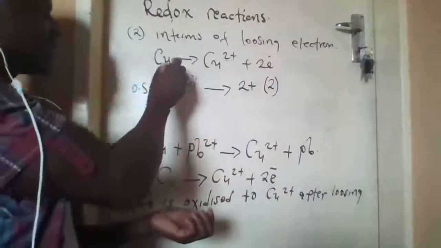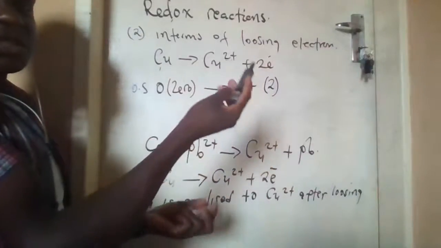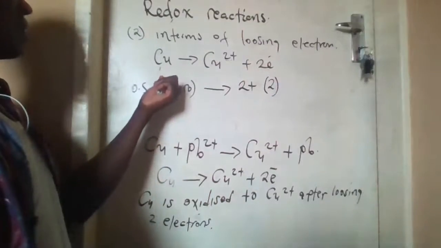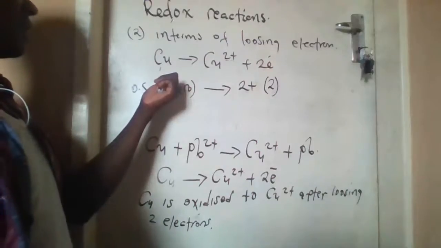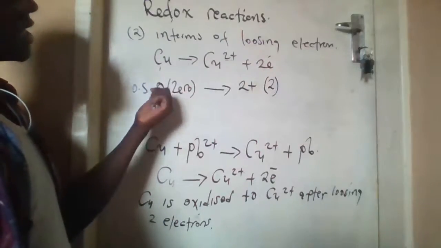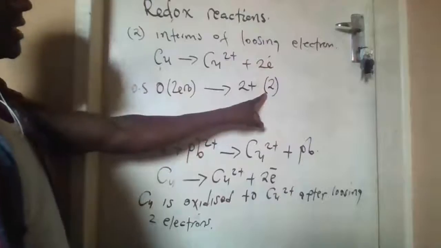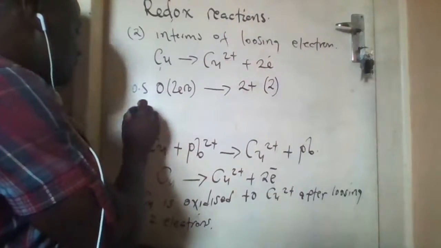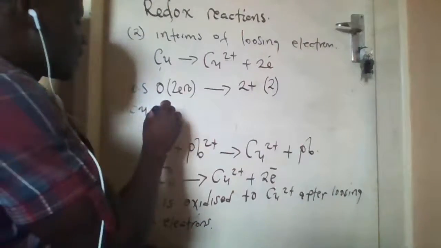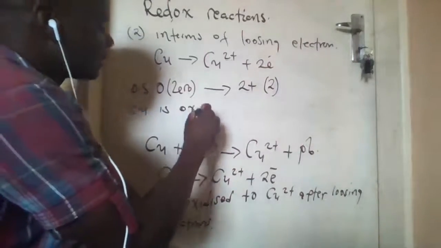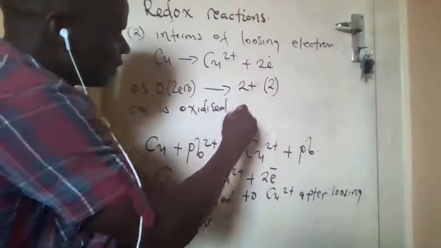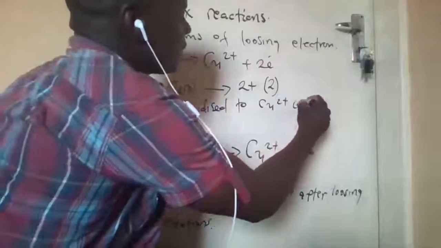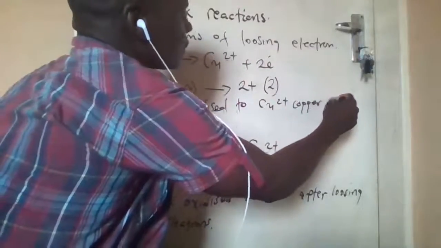The oxidation state here is talking about the charge, which is also equal to the number of electrons lost or gained. So here the charge is 0, and yet there the charge is 2 plus. Because of this, we can say copper Cu is oxidized to copper ion, Cu2+.